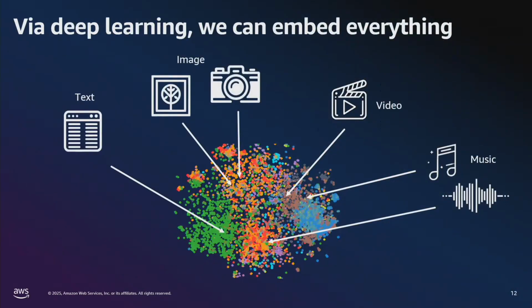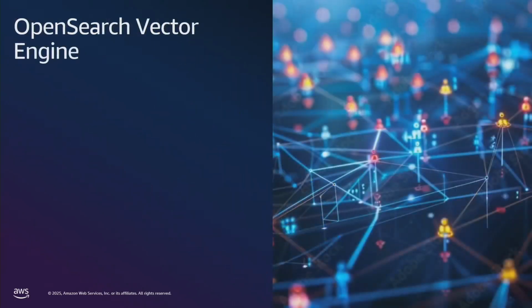But when you are working with a large amount of data, let's say billions of documents, each document having thousands of dimensions, we need something purpose-built for vectors. OpenSearch is a powerful vector engine which can efficiently store, search, and retrieve vectors.